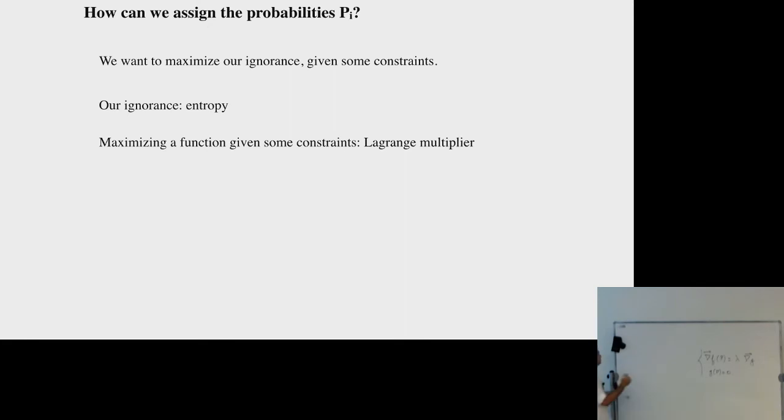It's entropy. So I want to write minus the sum of p log p as the quantity that I want to maximize, minus lambda times the gradient of g, the constraints, and the constraint in this case is the mean, right? And so the mean is going to be the sum of i times pi.